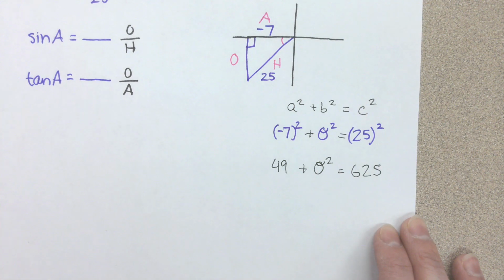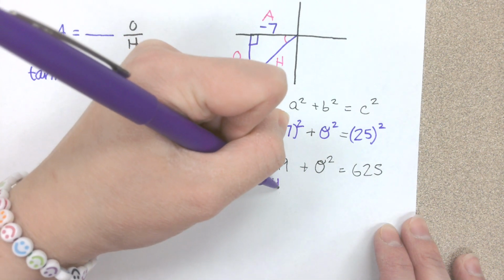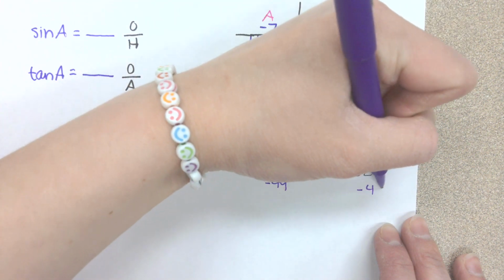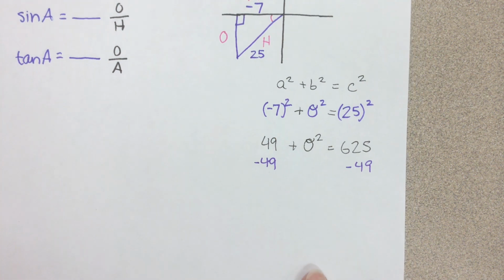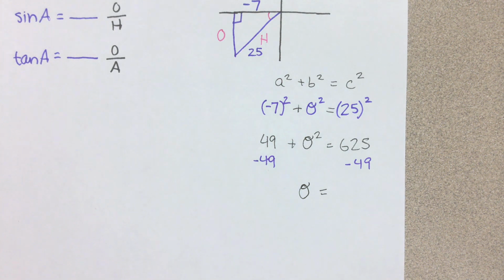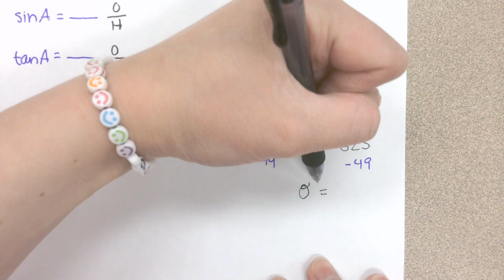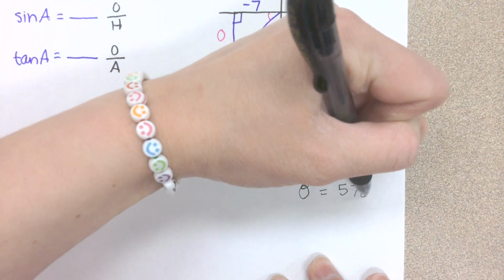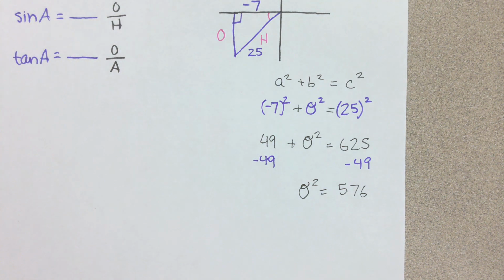Then we subtract the 49 over on both sides. And then we get O squared equals, I believe that's 576, but I'm going to check. Yes, 576. And then we square root both sides.